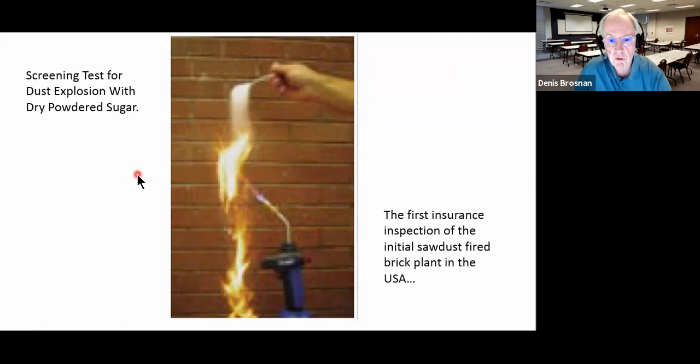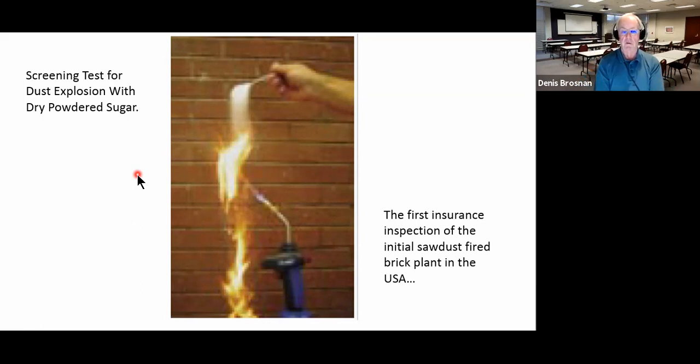The reason I use sugar in this example is a few years ago in the United States, near the city of Savannah, there was a dust explosion in a powdered sugar facility, a facility that ground granulated sugar and produced powder and packaged powdered sugar. And they had been operating for many years, never had a problem.